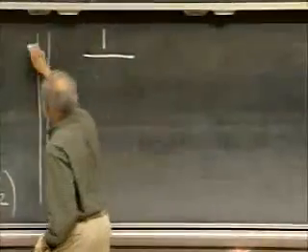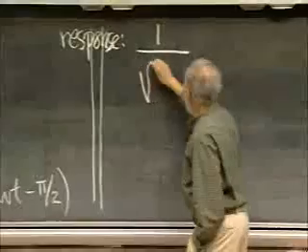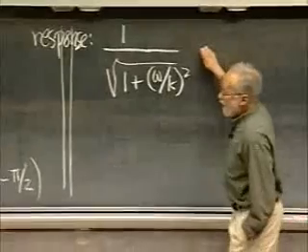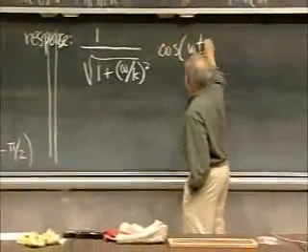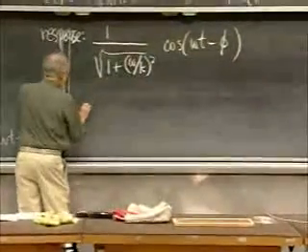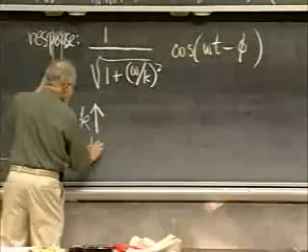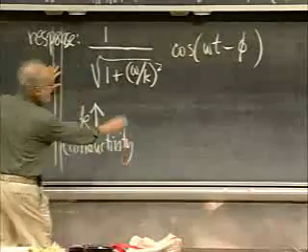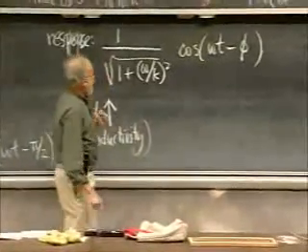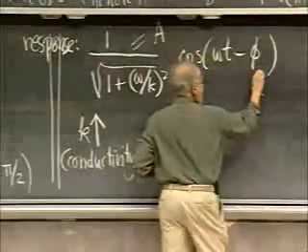The response function looks like the square root of 1 plus omega over k squared, times cosine omega t minus phi. And I asked you on the problem set, if k goes up, in other words, if the conductivity rises, if heat can get more rapidly from the outside to the inside, how does that affect the amplitude A and the phase lag?